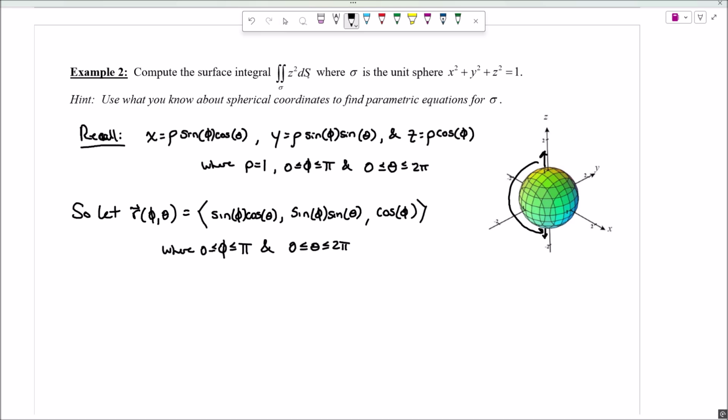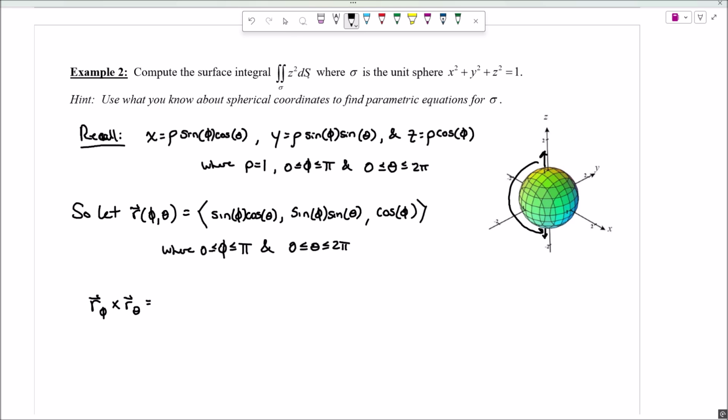As we saw in the last example, I'm going to need to start finding the partial derivatives for my vector function. So I'll need to compute my r partialed with respect to phi crossed with r partialed with respect to theta.